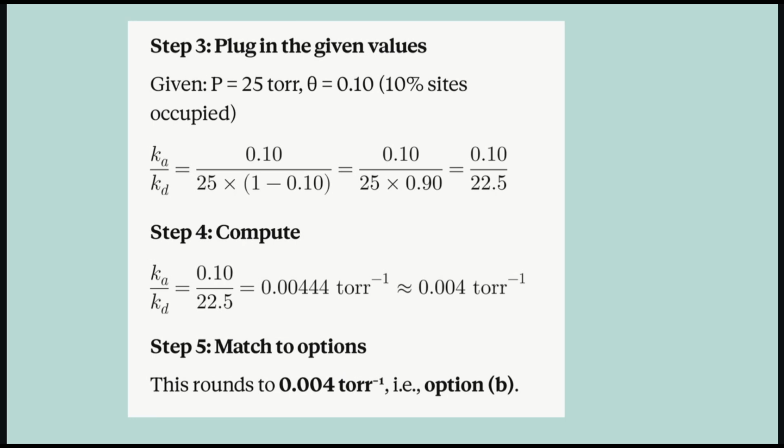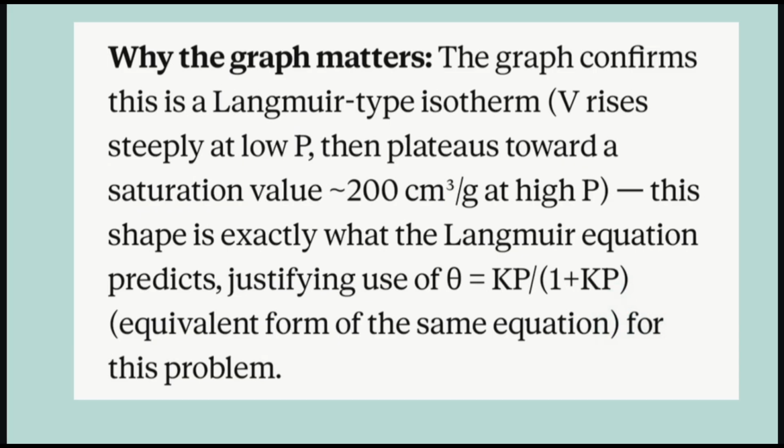Step 5, match the options. This rounds to 0.004 per torr, that is option B. So option B is the correct answer for this. Here we'll see why the graph matters. The graph confirms this is a Langmuir type isotherm.